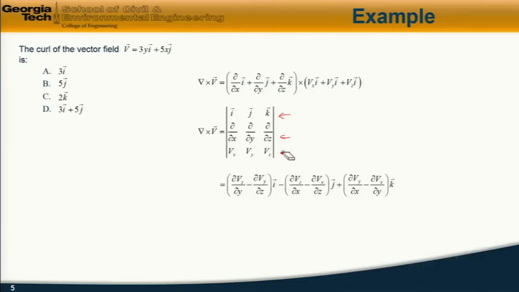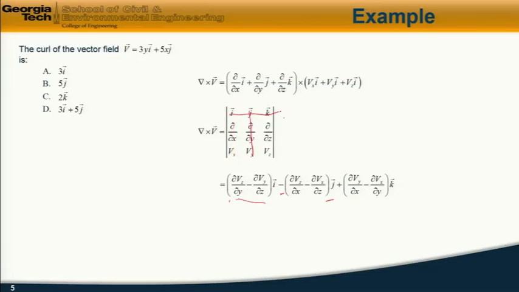And to evaluate this, we can do this by means of the usual rules of evaluating a determinant. So first of all, the i term here, cross those two terms out. That becomes dvz by dy minus dvy by dz, which is this term. Then the j term, which is negative because the signs alternate with each column.